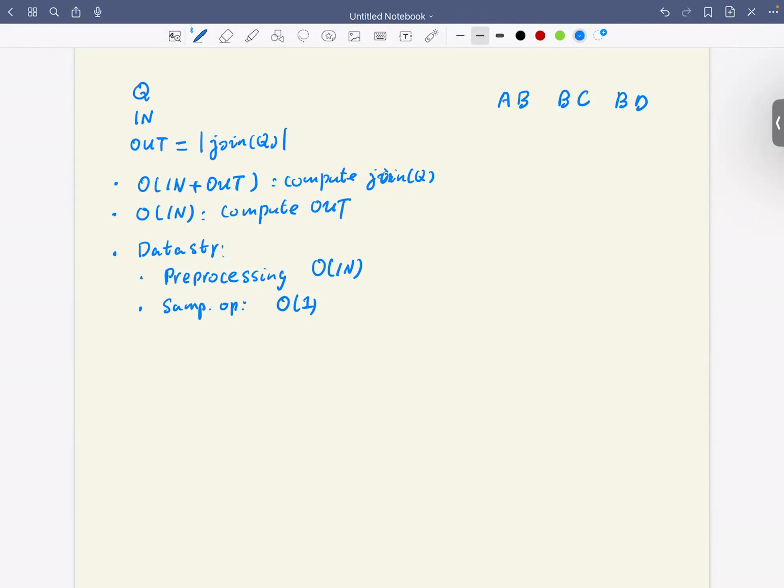Think about the two motivations I gave you, one from the system perspective and the other from the theory perspective. For the system perspective, for pipelining, you don't have to wait a quadratic amount of time before feeding the first result to the downstream operations. Maybe you can quickly produce one tuple, feed it immediately to the next operation, and then go back to computing the next tuple, and so on.